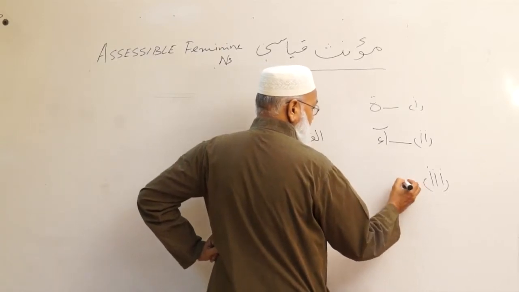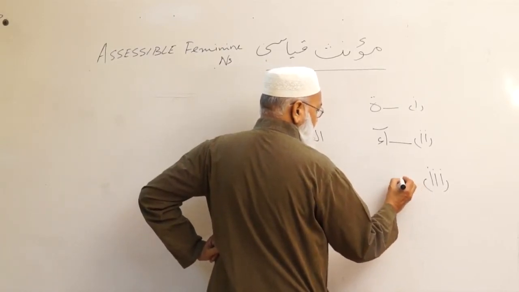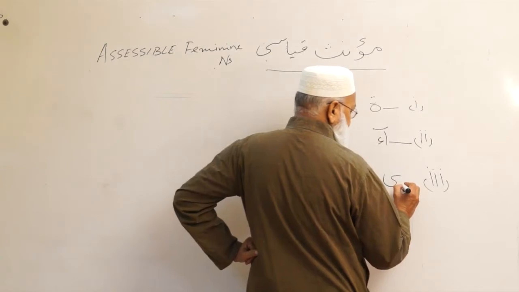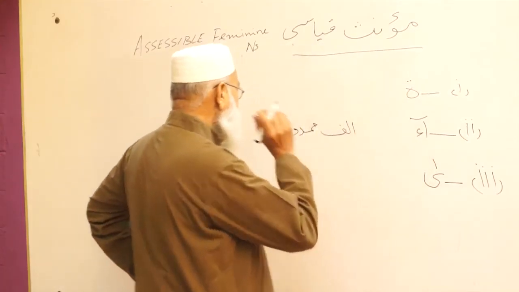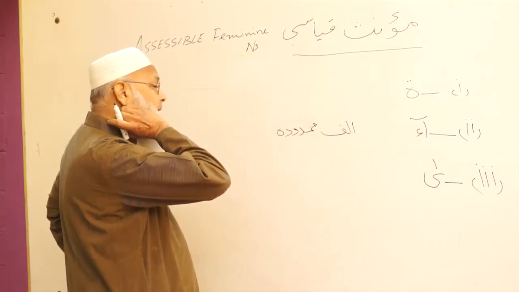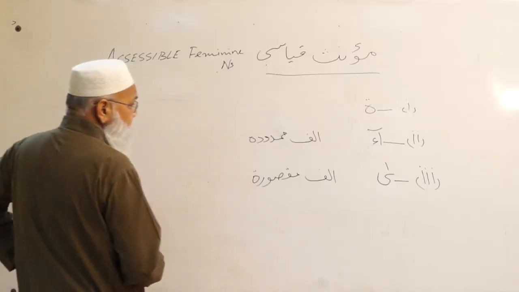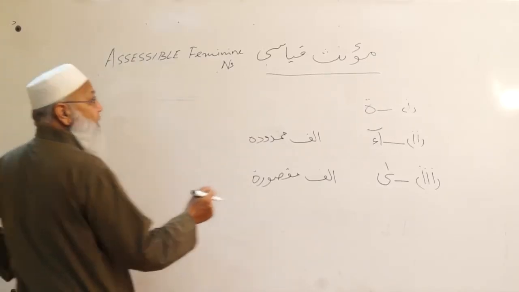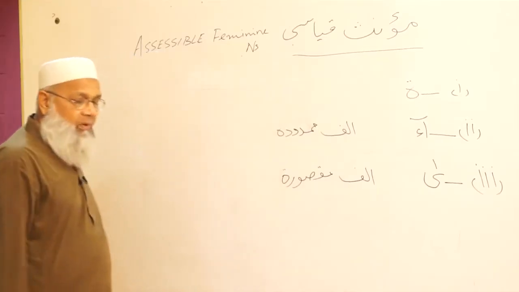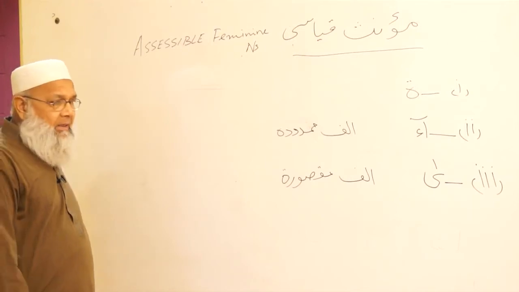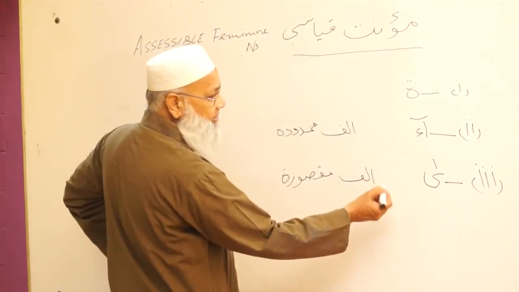Third category of the accessible nouns is words ending at alif maqsura. Alif maqsura is the small alif written at the top of the letter ya.